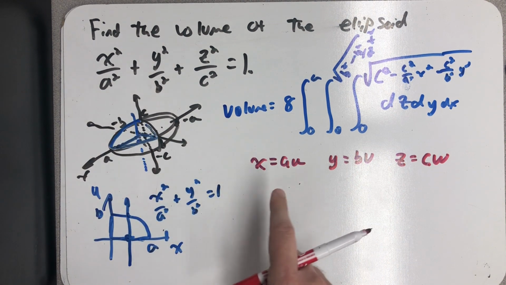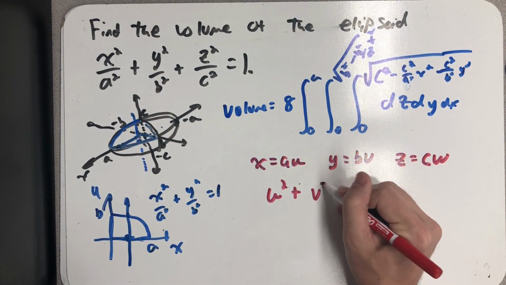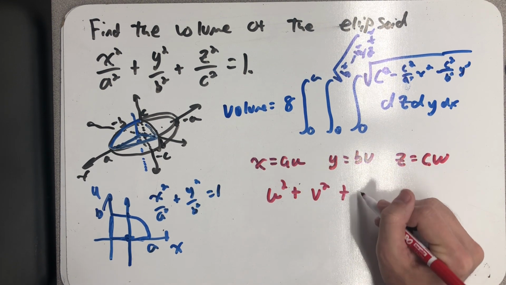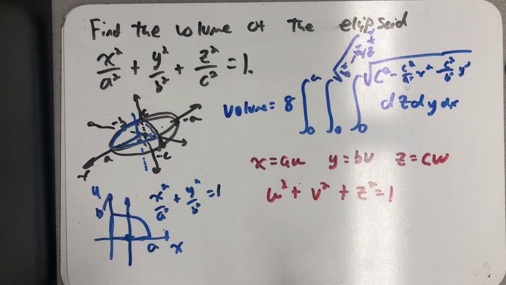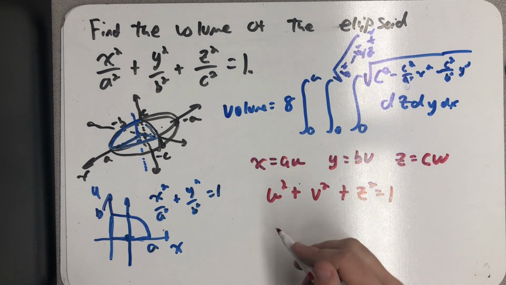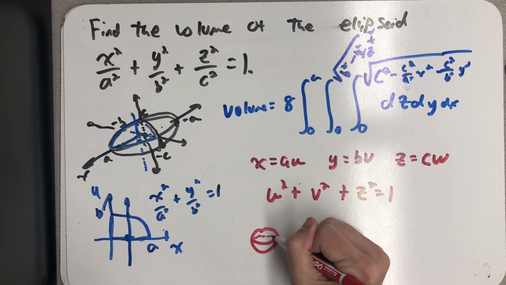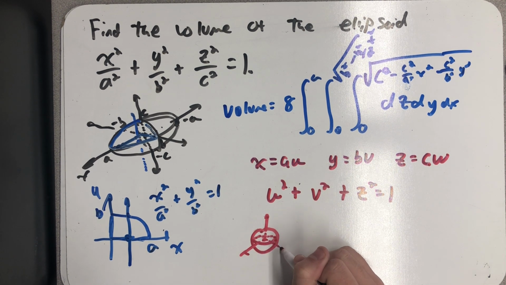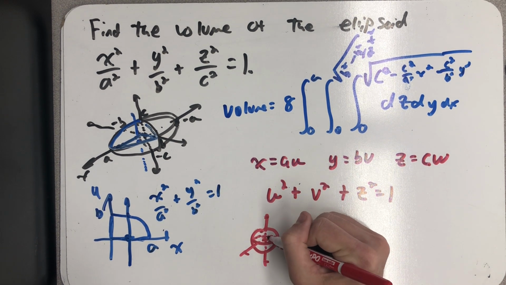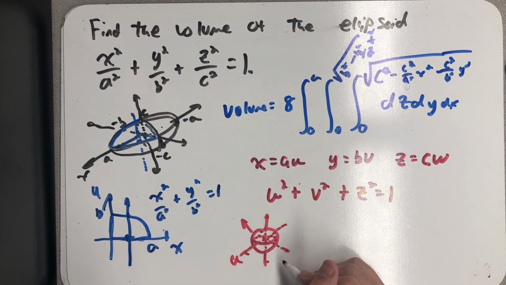Because what this does is when I substitute these in, I get u squared plus v squared plus w squared equals 1. I get a unit sphere in UVW space. So I just get a sphere of radius 1. A much easier region to think about. Instead of an ellipsoid, now I'm dealing with a sphere.